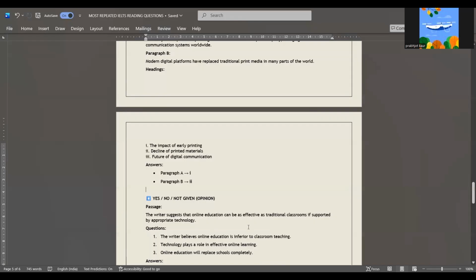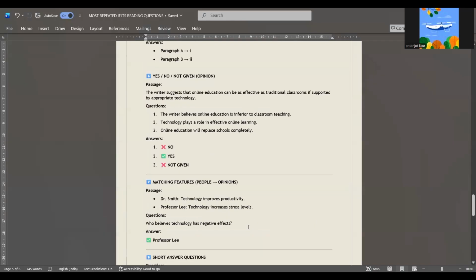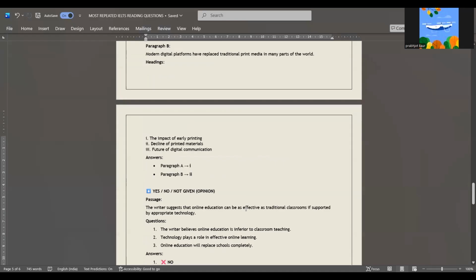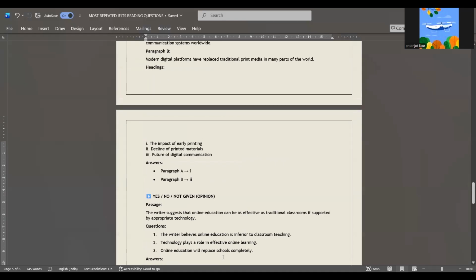So here you can read it. Yes, because here it is written, if supported by appropriate technology, it can be as effective as a traditional classroom. So the answer should be yes.